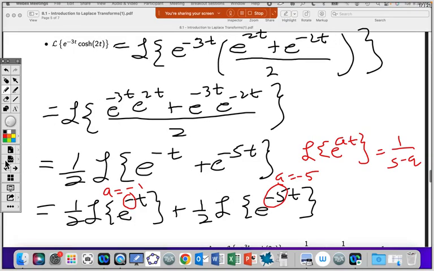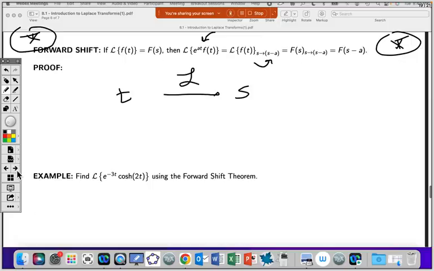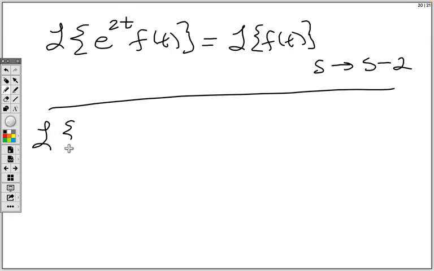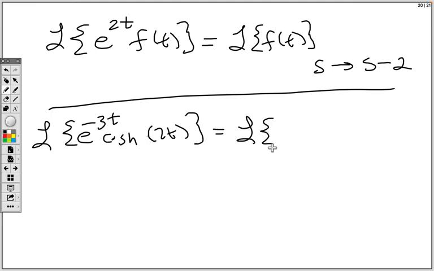Let's look at this guy, e to the minus 3t cosh 2t. I've got an exponential times the Laplace of something I know. Oops, not cosine, cosh. So what this says, forward shift says, what you can do is just take the Laplace of cosh of 2t.